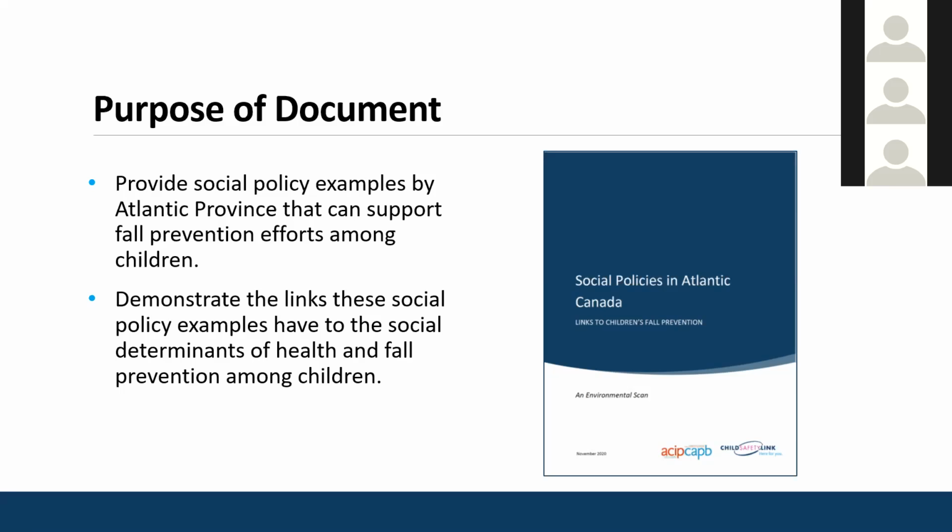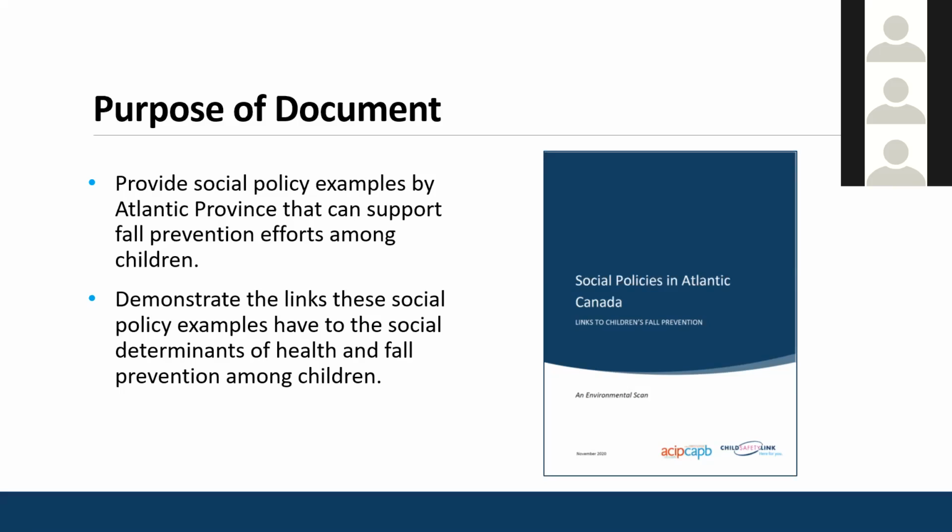So that doesn't mean that all policies and related activities will be implemented and in how we describe them through the webinar today. So for example, we'll discuss the role of social policies that provide some sort of financial aid or assistance, and the link that could have for families to then be able to afford to purchase safety equipment.